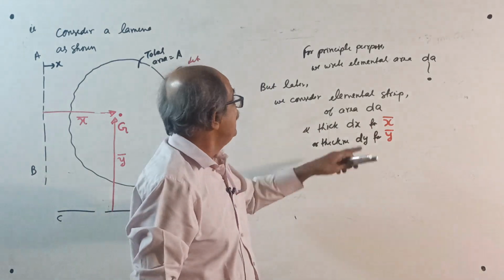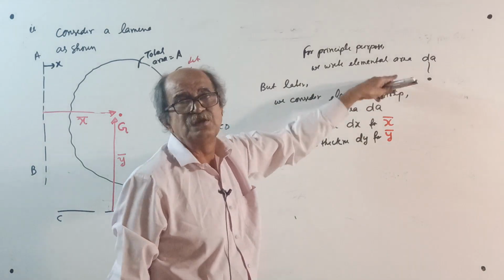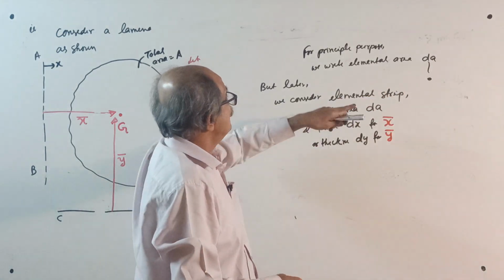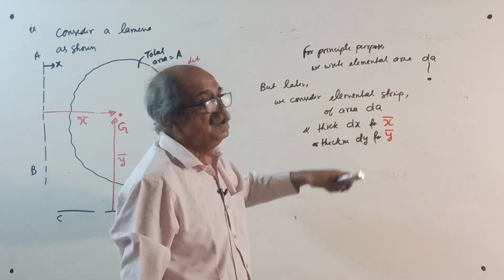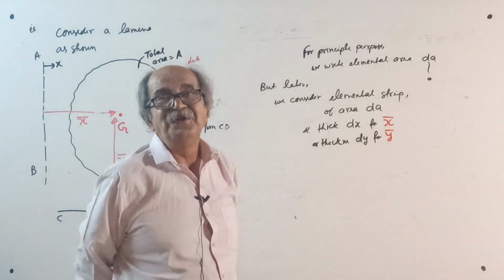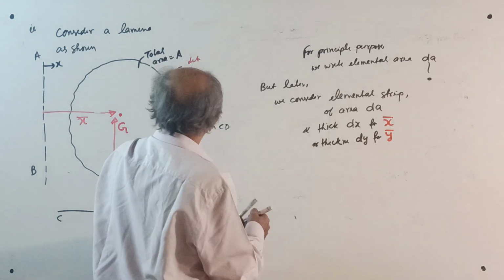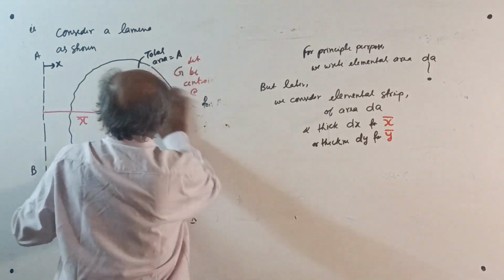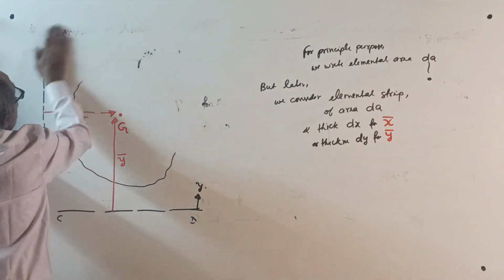See, dx is elemental, dA is elemental. So both are elemental. Therefore you take a strip, not a dot, not a point. A point you can't take, you take a strip. I'll show you how we take it.